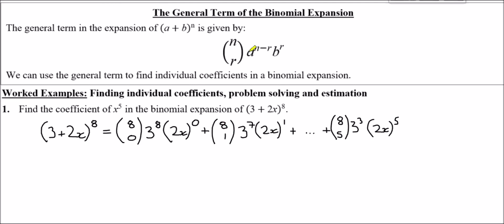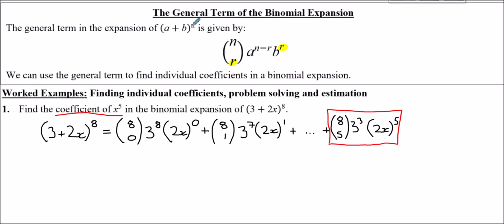Using the idea that this number will always be the same as the power of the last thing in the brackets, the coefficient of x to the power 5 is going to be found by looking at this term. So using the quick way, we could have just used this here.